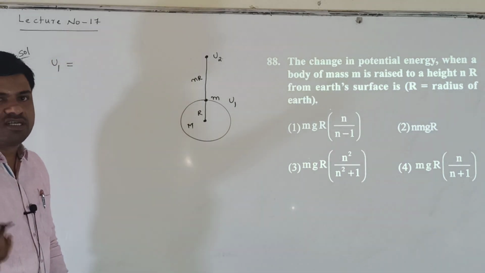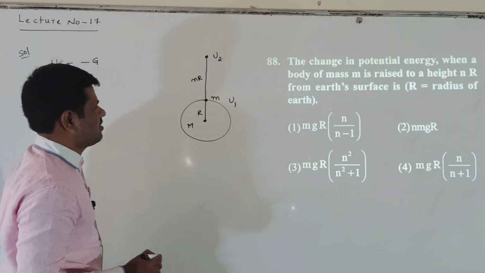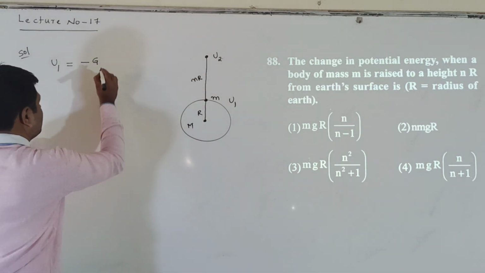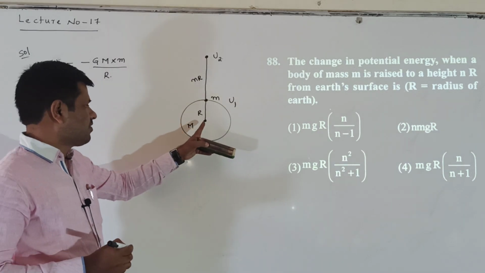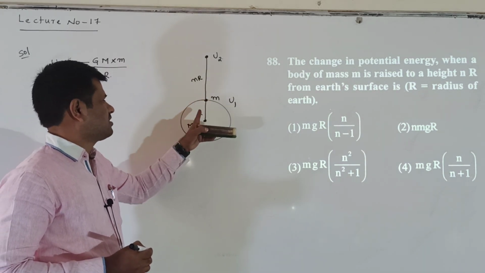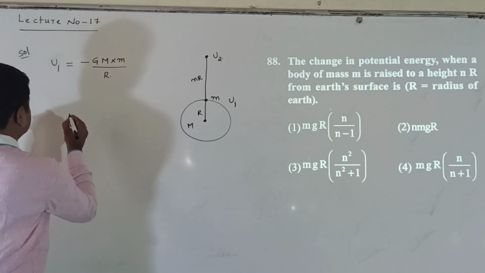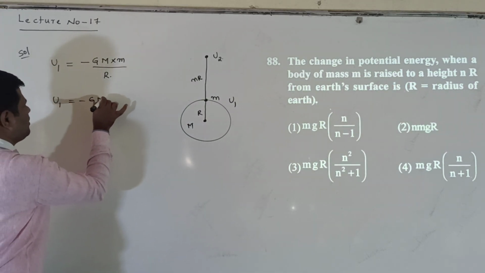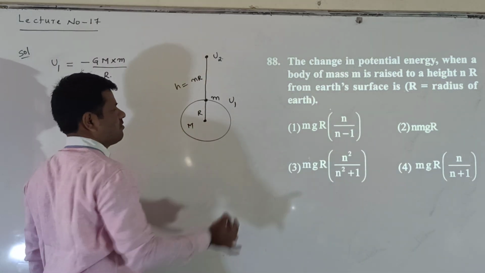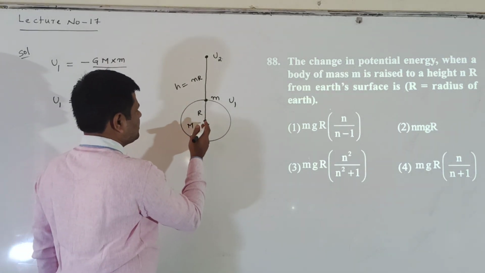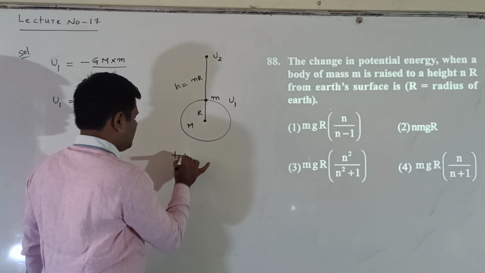We already know it is minus G, with earth mass capital M and body mass small m, by R. This is on the surface of the earth, because the distance from the center to the body is capital R. So U1 is equal to minus G M m by R. But here the height h equal to nR is given, which means the total distance from the center is equal to what? The total distance from the center.